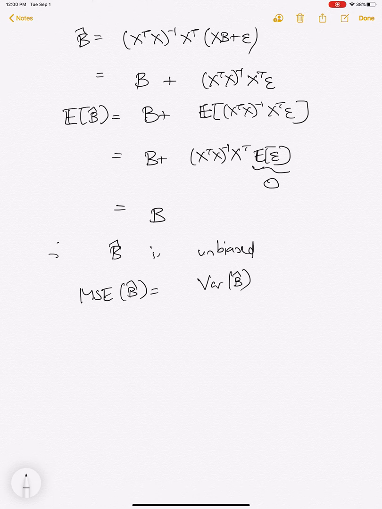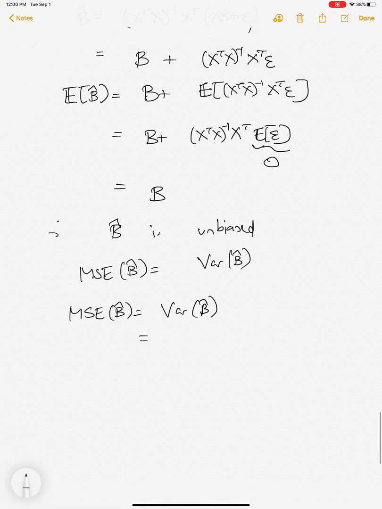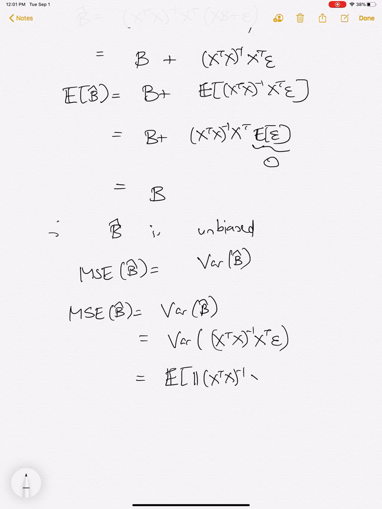And so the MSE of b hat is equal to the variance of b hat, which is equal to the expectation of the squared norm of X transpose X inverse X transpose epsilon, because epsilon has mean 0, we can just write it out like this.